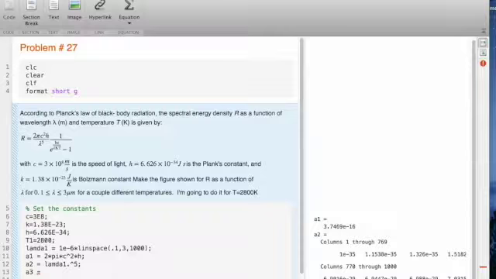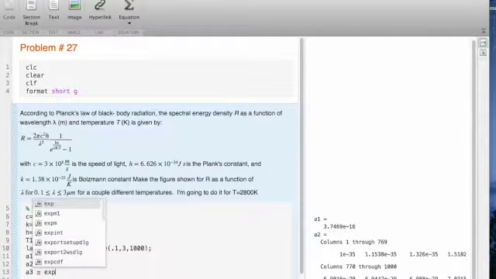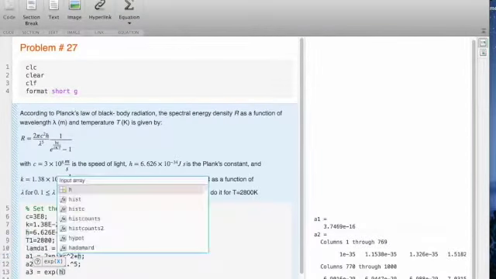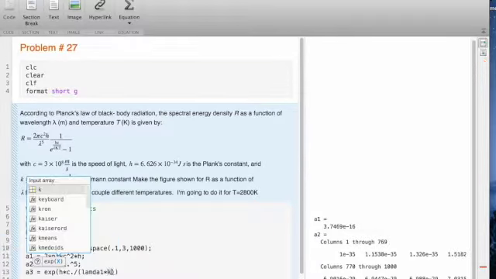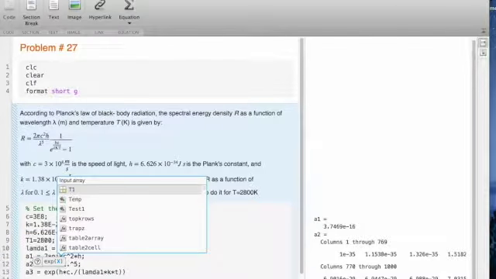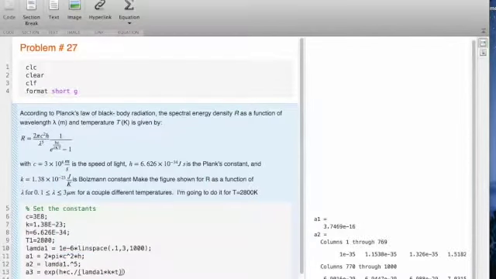That's the most complicated. It's EXP of H times C, those are both constants, dot slash, because now I've got a lambda down at the bottom, and I better put that in parentheses, lambda 1 times, and these are both constants, so we'll be okay there, K times T, and then I am going to subtract 1 from that.